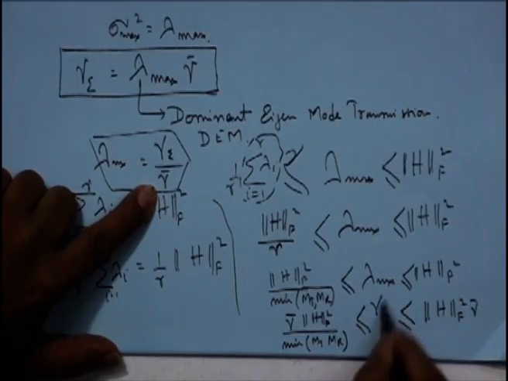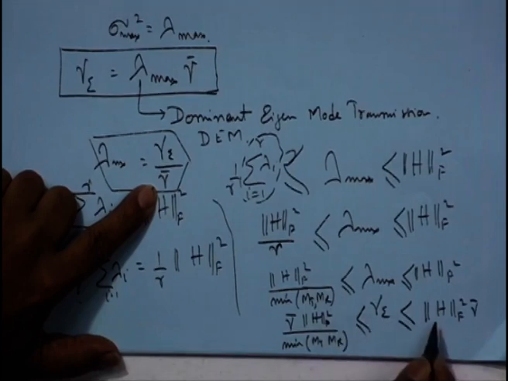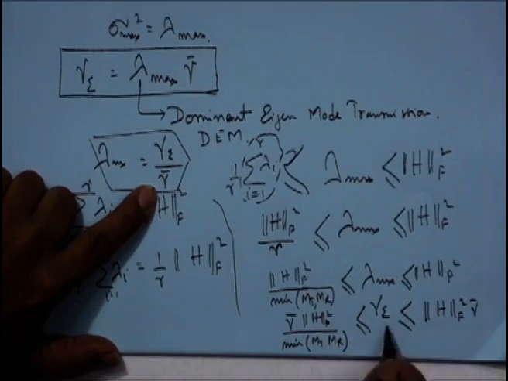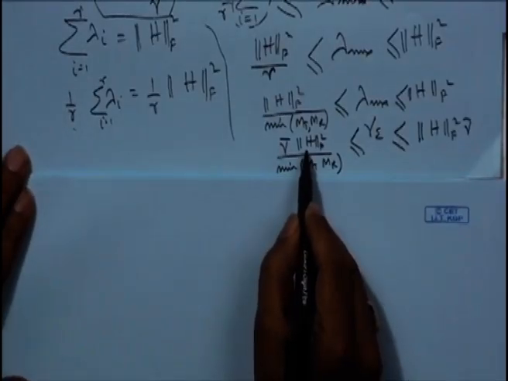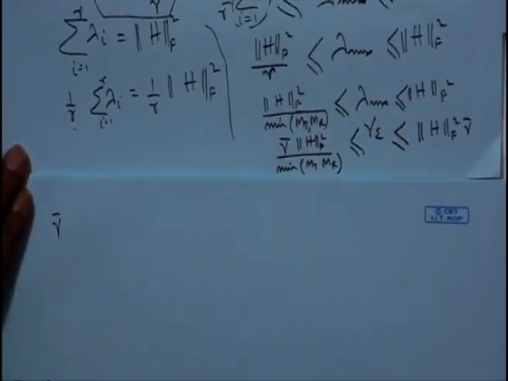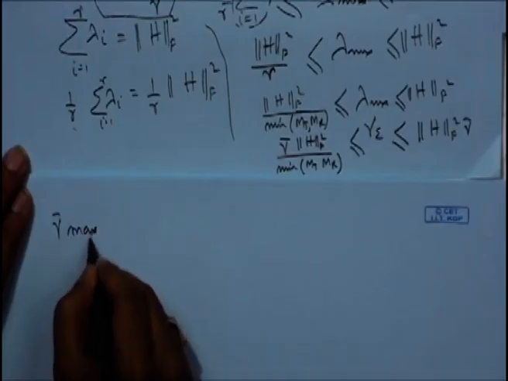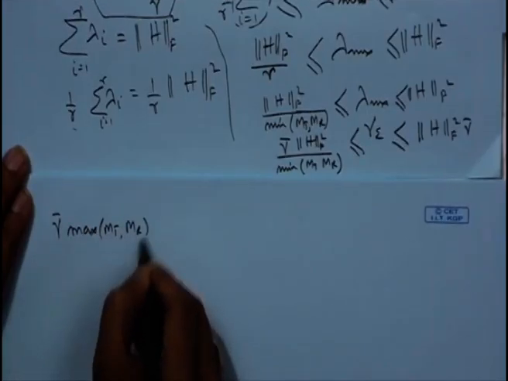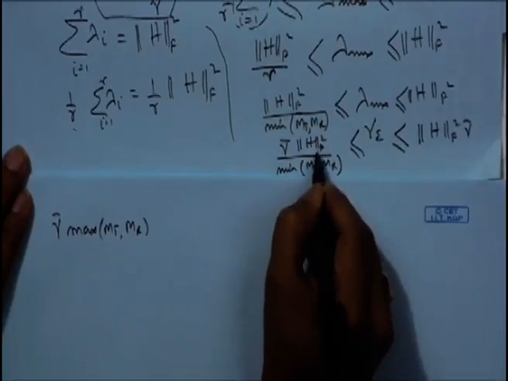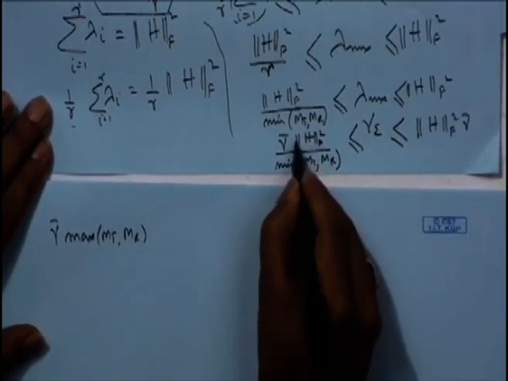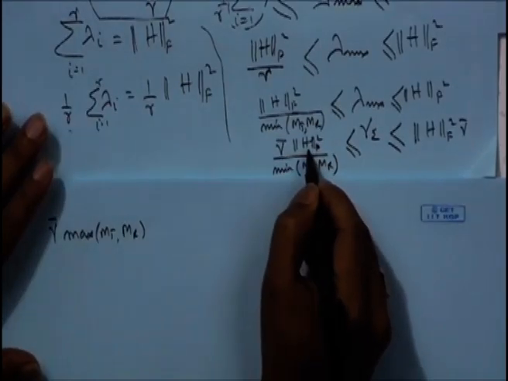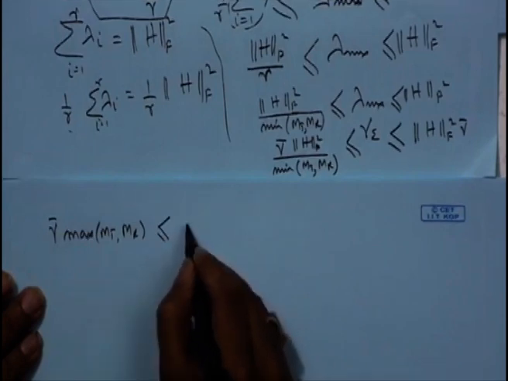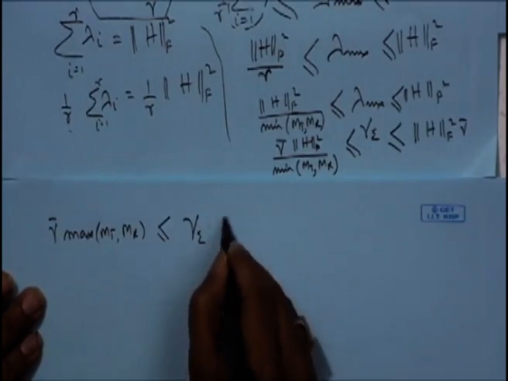So we are saying that the combined SNR lies within this range. This is the range within which this gamma sigma lies, and then we can find the range of the probability of error from this expression. Now, in case this is full rank, we could say this is gamma bar times max of MT, MR. In case of full rank, this is MT times MR. So if it is MT MR, when divided by minimum of MT or MR, we have the max of MT, MR, and this is the range of gamma sigma.